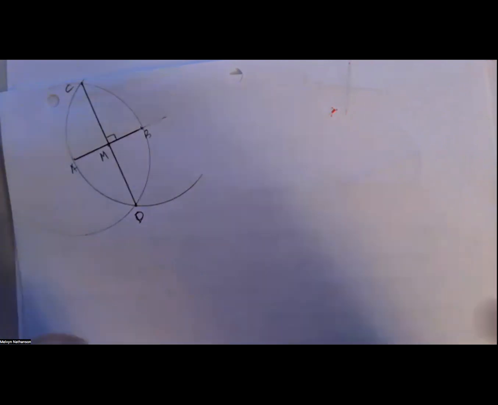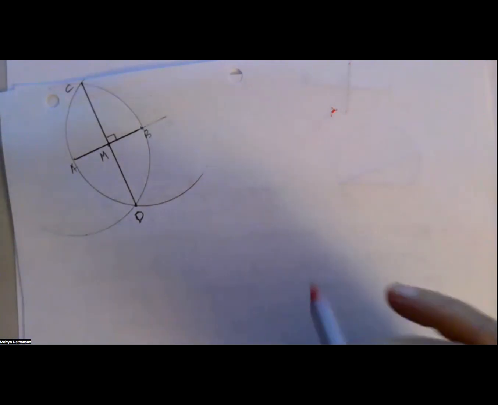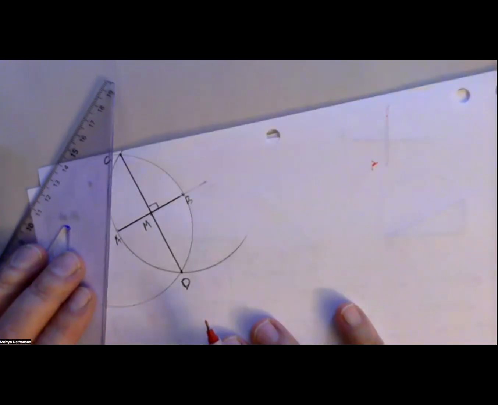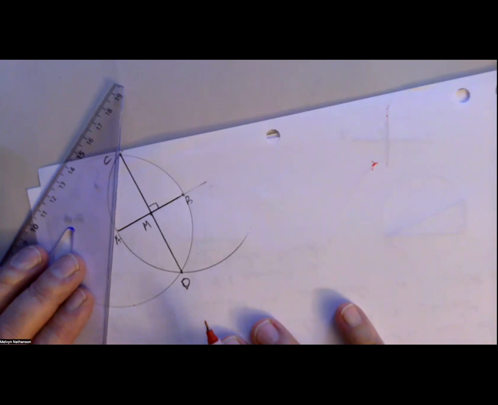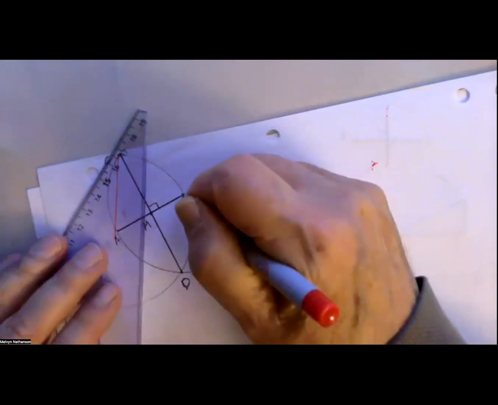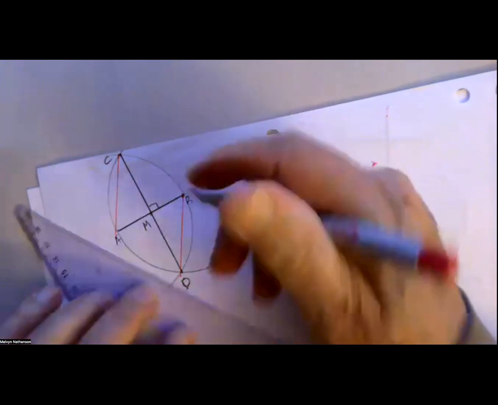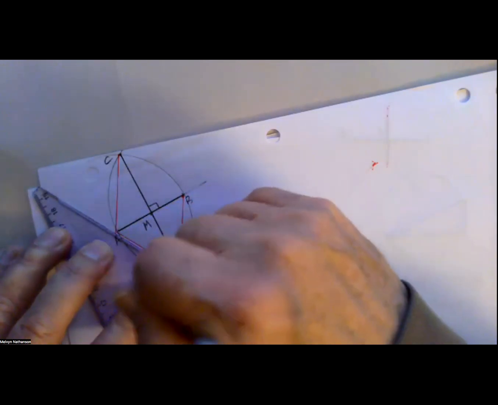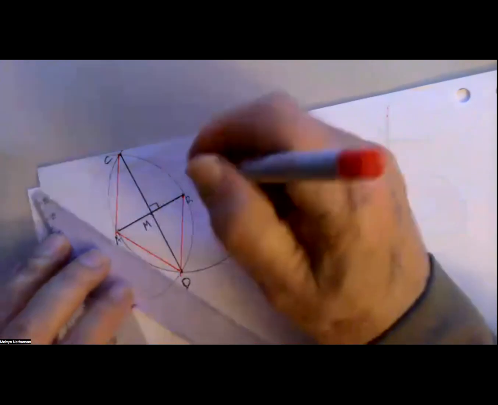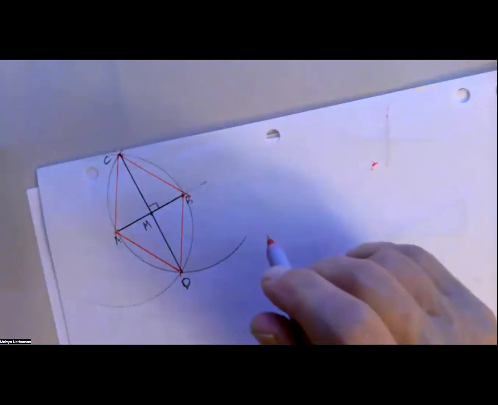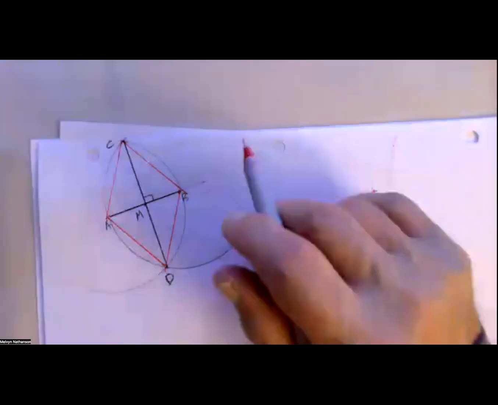And it's not hard to prove this in various ways. For example, if I were to draw these lines, AC, BD, AD, and BC, what can we say?